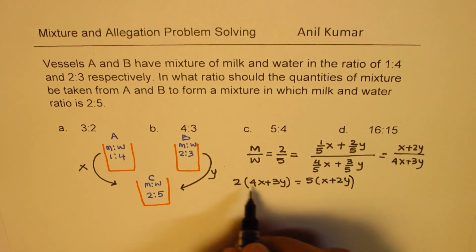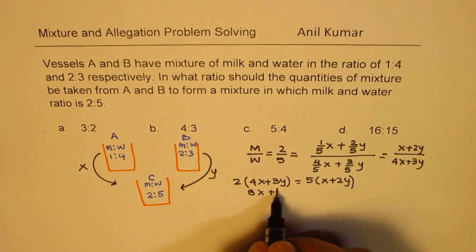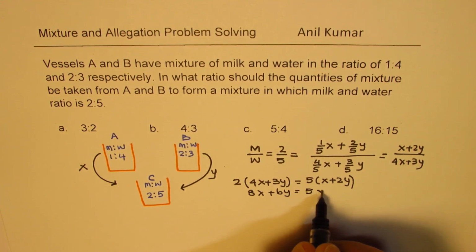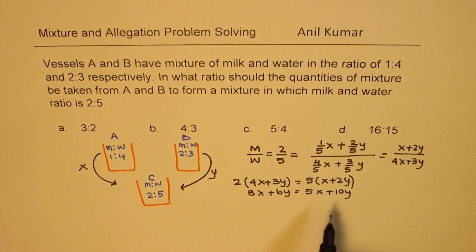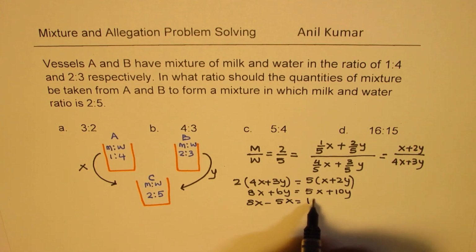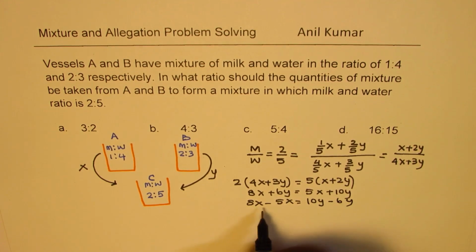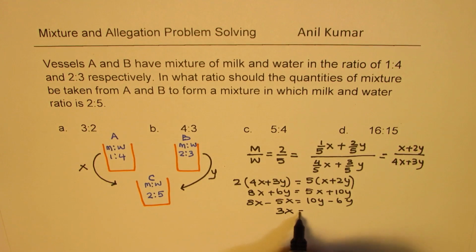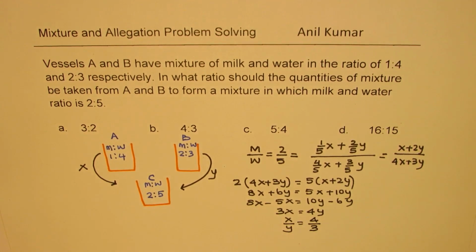Opening the brackets, 8x plus 6y equals 5x plus 10y. Bringing the terms together, 8x minus 5x equals 10y minus 6y. That gives us 3x equals 4y. So the ratio of x to y will be equal to 4/3. Clear? So we have our answer right there.